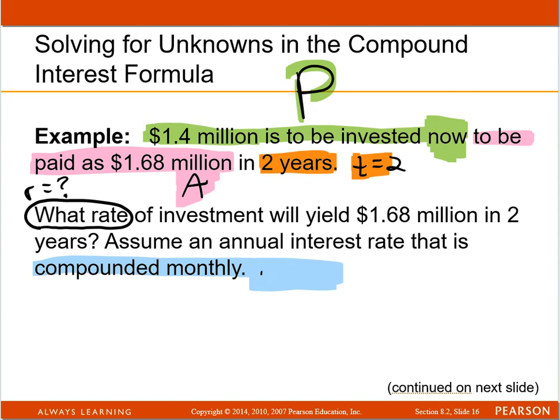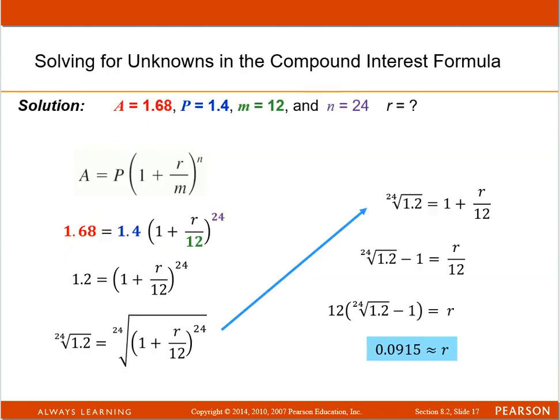So in this case, M is a 12. And this should all show up on the next slide, and it does. A is 1.68 million. P is 1.4 million. M is 12. N is 24. N is 24 because it was 12 times a year for the next 2 years. That's where the 24 came from.